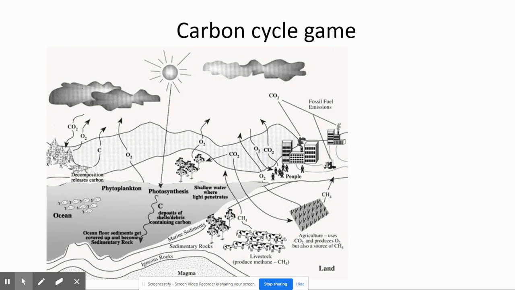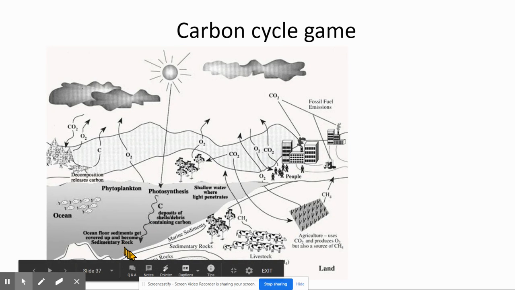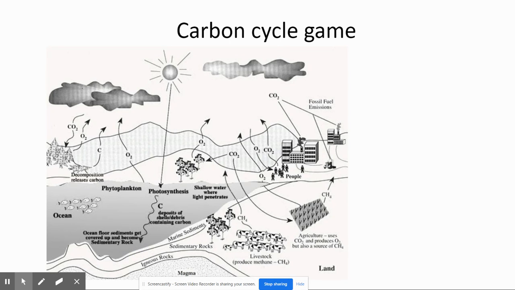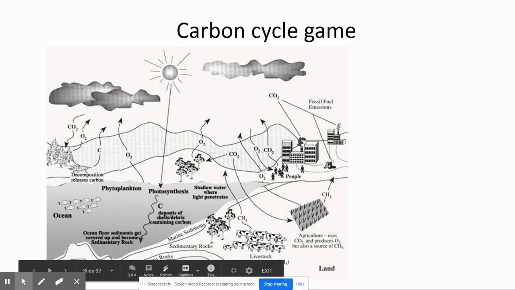Eventually they die and go to the ocean floor, and then they get smashed and smashed until they become sedimentary rock. And that's what limestone is, made out of dead plants and animals. So without photosynthesis, we actually wouldn't have limestone.